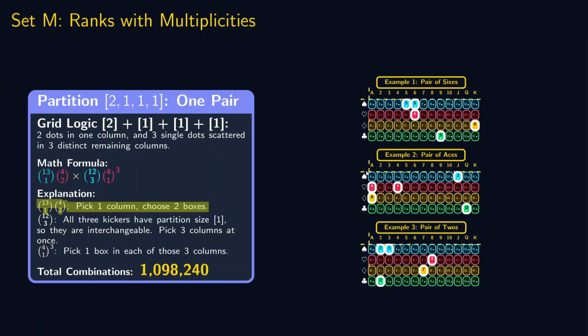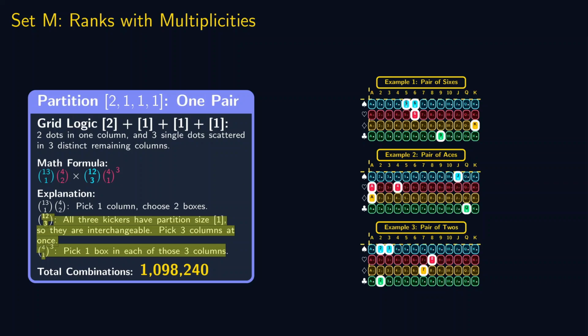Now for the 3 kicker columns. All 3 of them belong to the same partition group. Each has a partition size of 1. All 3 are structurally identical and completely interchangeable. There is no ordering among them, so we must choose all 3 kicker columns simultaneously as a group. We have already used 1 column for the pair, leaving 12. We choose 3 columns at once from those 12. 12 choose 3 equals 220.